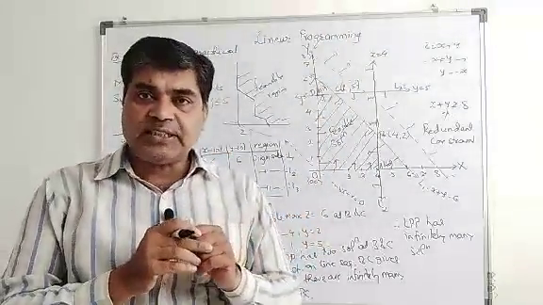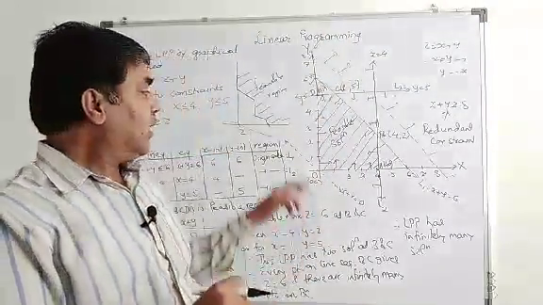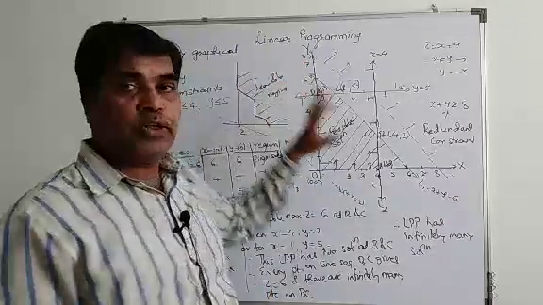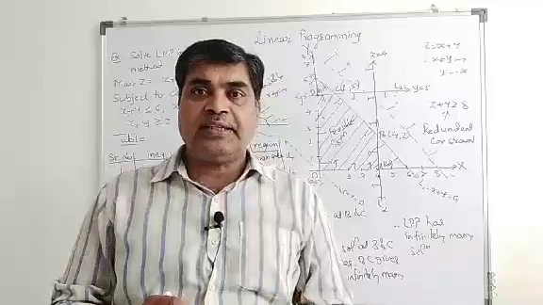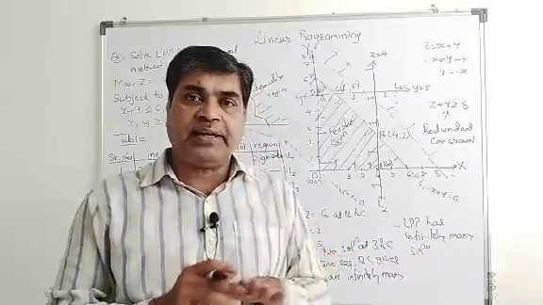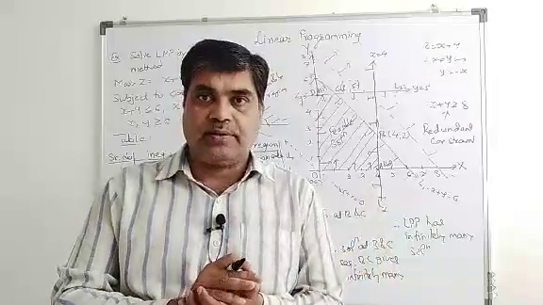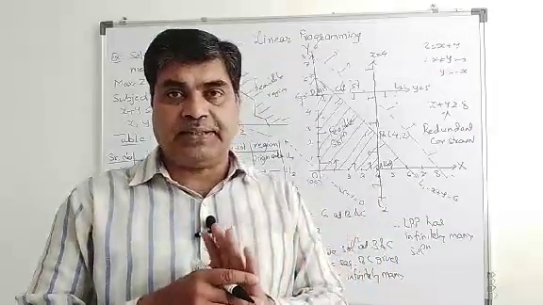In case of a maximization type problem, if the feasible region is unbounded and your objective function is maximized, then that example has an unbounded solution. The maximum Z value becomes infinity.